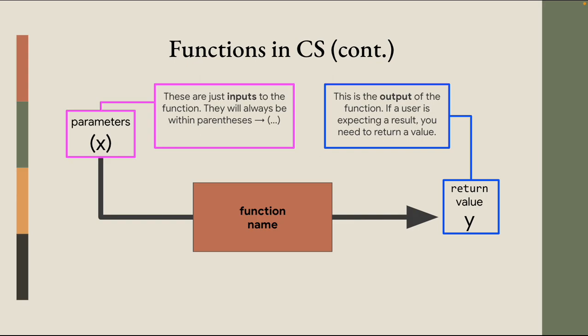So that's how we return the value or give a value back to the user. The user is giving us a value as a parameter, and we're giving some other value back as a return value. So still this input-output system, but we don't use those terms so much in programming. We say parameters and return value.